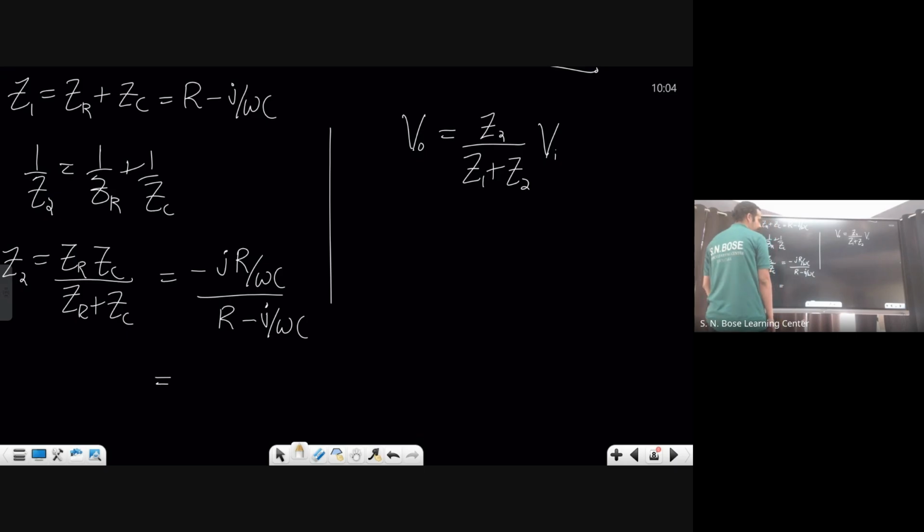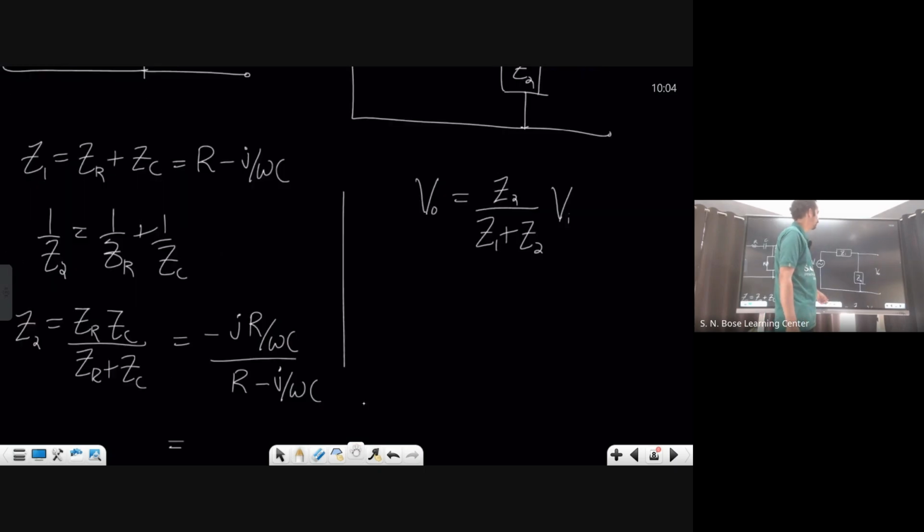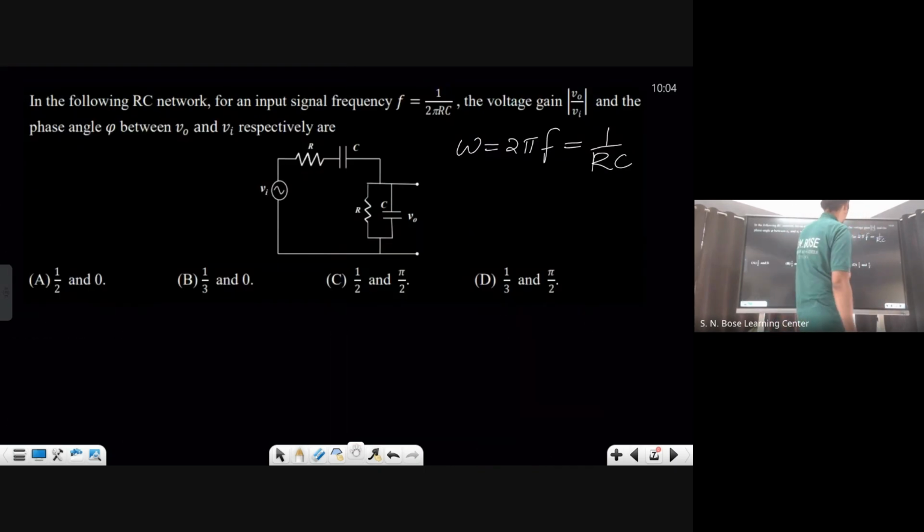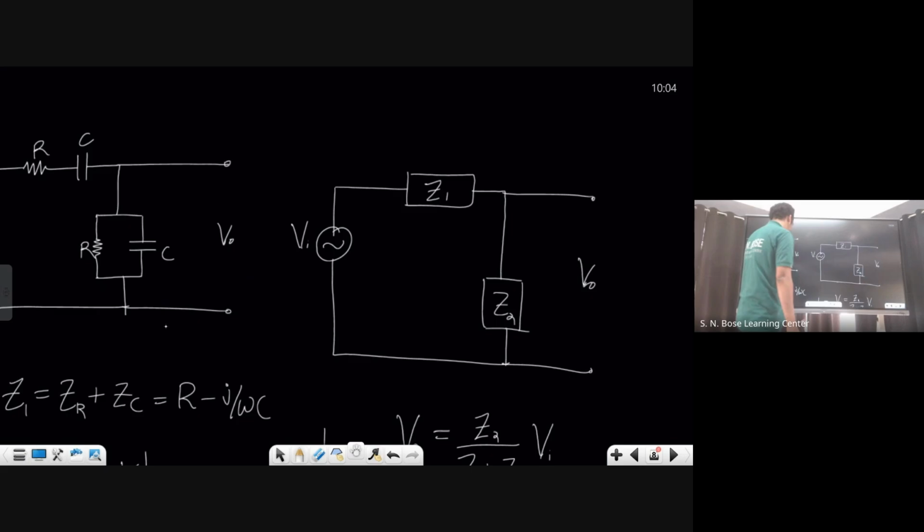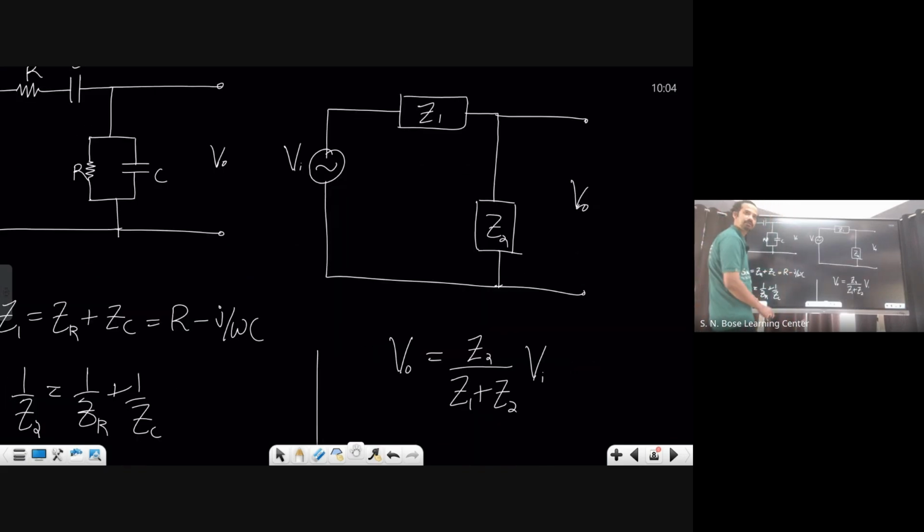Oh, actually, omega C equal to 1 by R actually, am I right? If you use that one, this complex algebra will be more simple. Sorry, omega C equal to 1 by R. Can I use that one? It will be more quick actually. Wherever I have omega C, I should write it 1 by R, isn't it? That will be very quick complex algebra, because he's asking at that frequency.